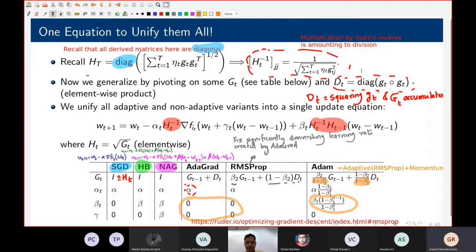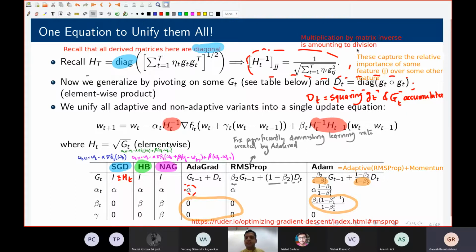So wherever you have the HTs and all coming up, that's the adaptive methods, Adagrad, and so on. These capture the relative importance of some feature, let's say with index J, over some other feature with some other index.